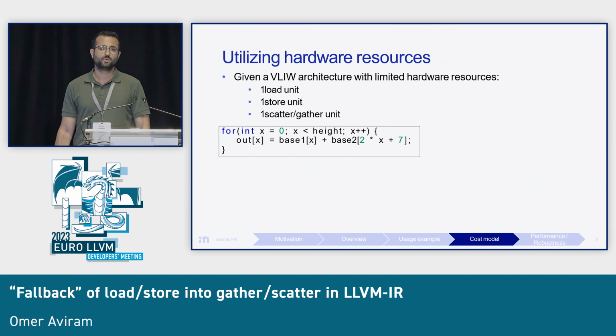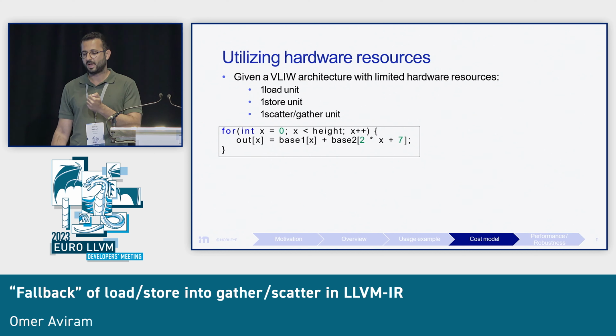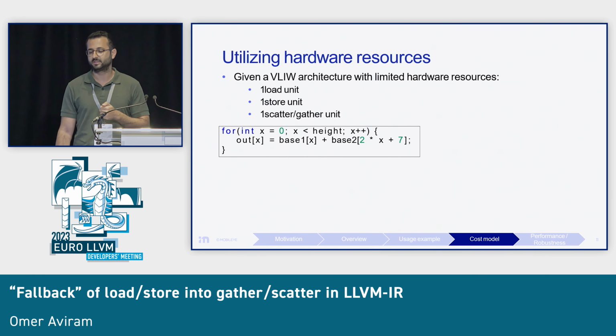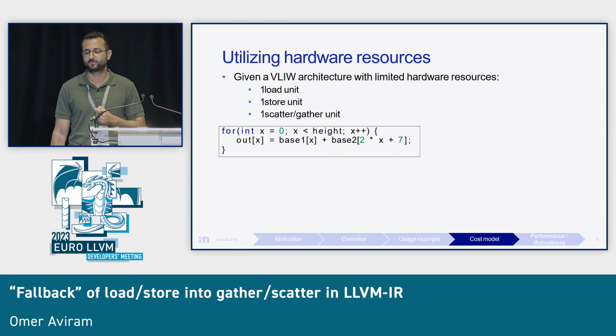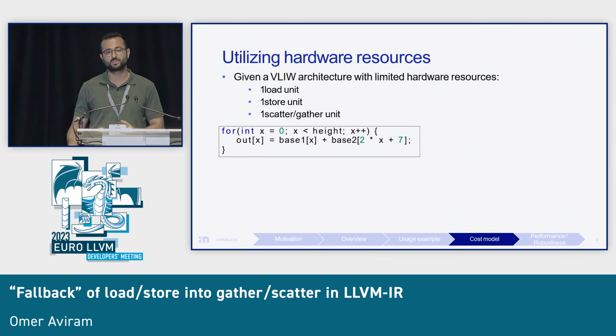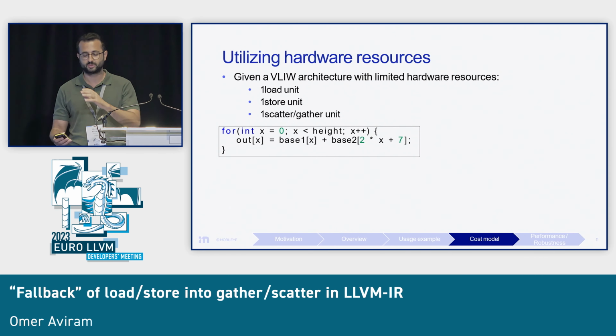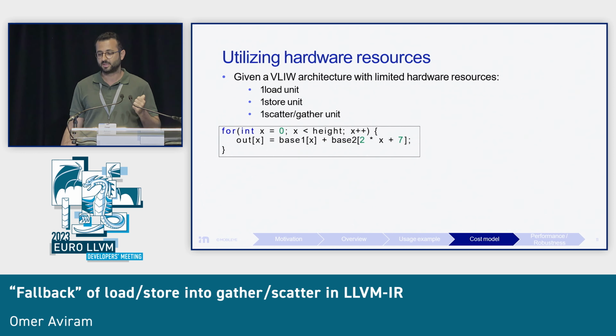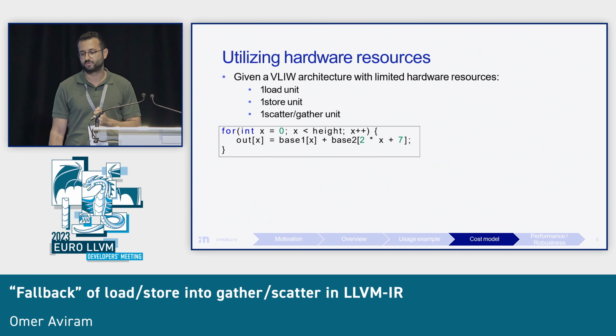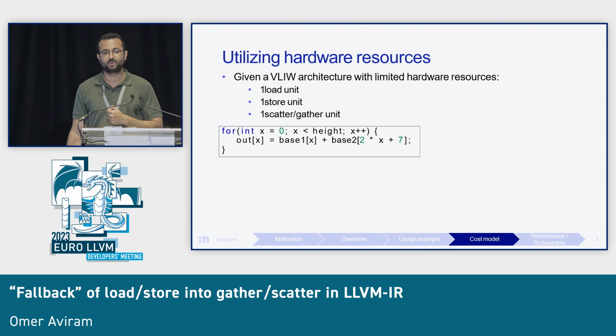So now let's go into the cost model. How we can utilize our hardware resources with the fallback transformation. So let's assume we have a VLIW architecture, which is a very long instruction word. We want to perform all the instructions in the same long instruction, and we have limited hardware resources.